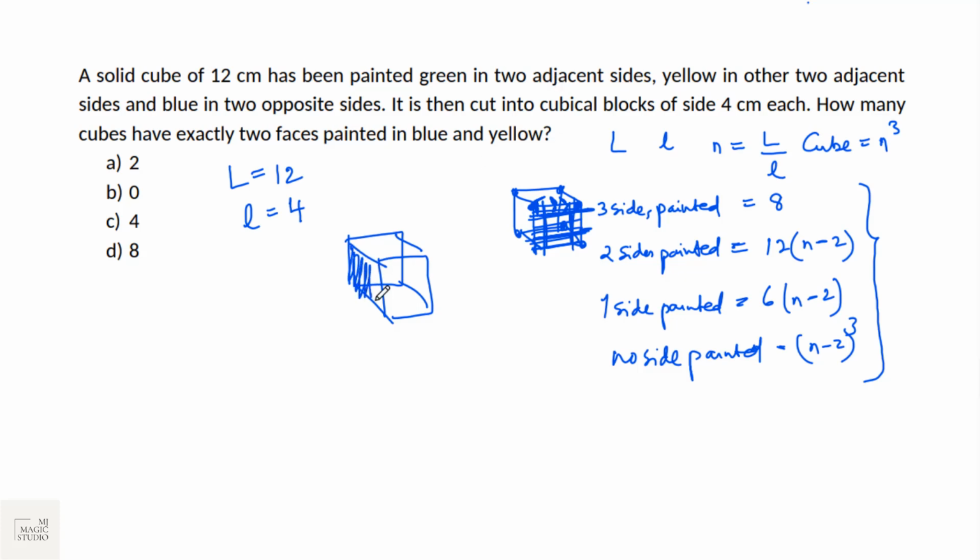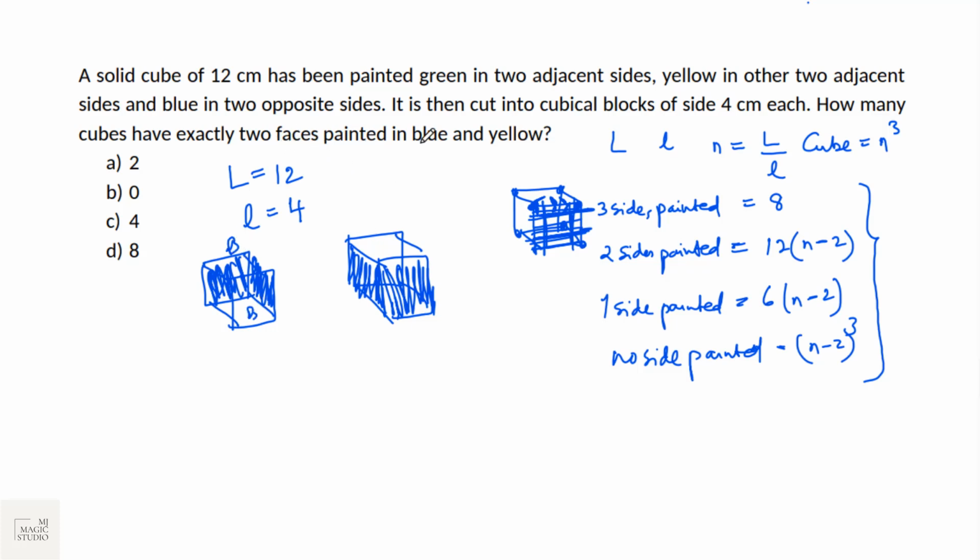Suppose this is green and this is green. And two adjacent faces are yellow, and blue on 2 opposite. This face is yellow, and let us suppose this face is yellow. Then the top one and the bottom one are blue.